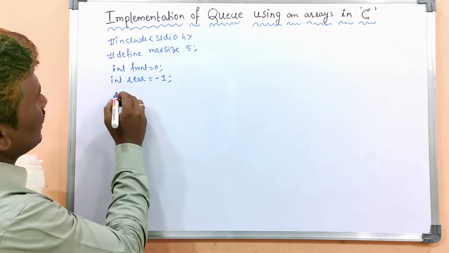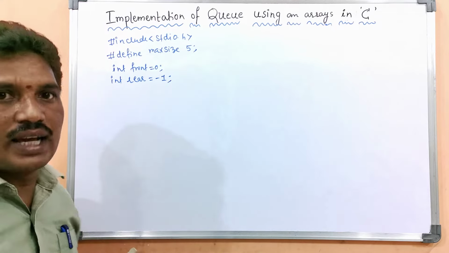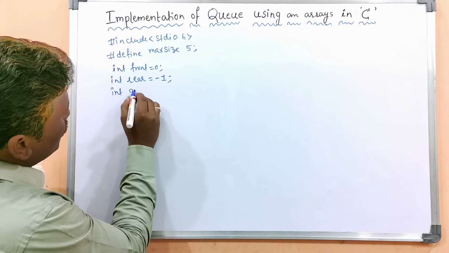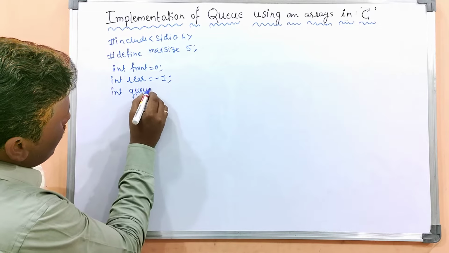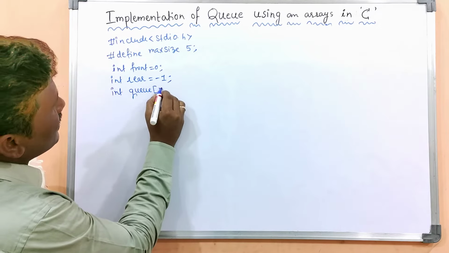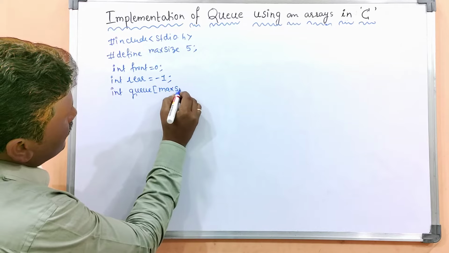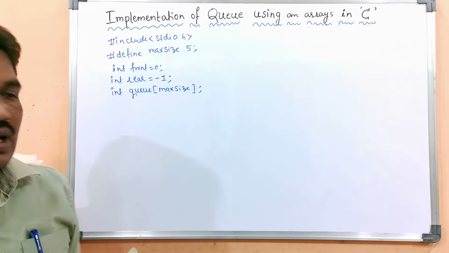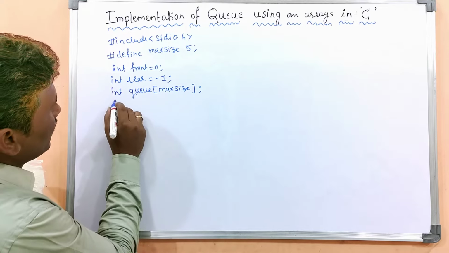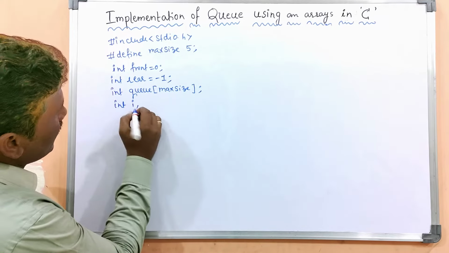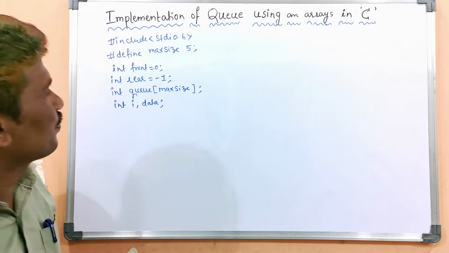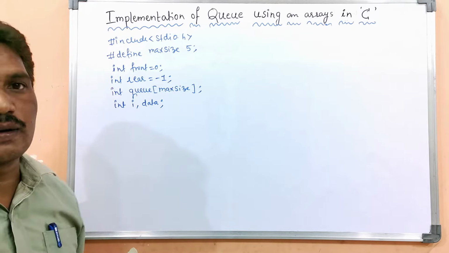Then I can also declare the array: int, the array name is q, and q of what size? MAX_SIZE. The array is also declared. Then another two variables, int i and data, which I will use in the program.